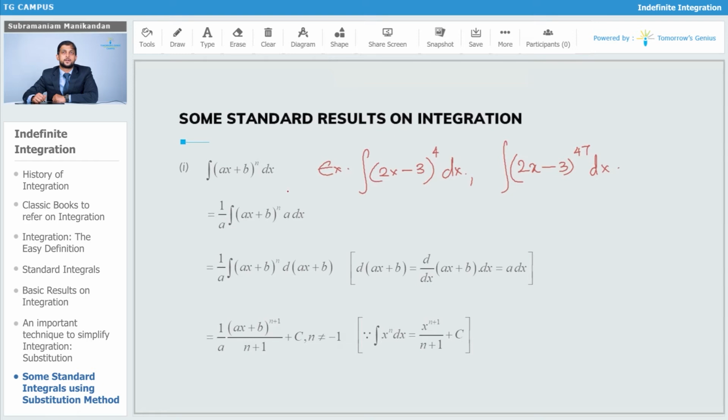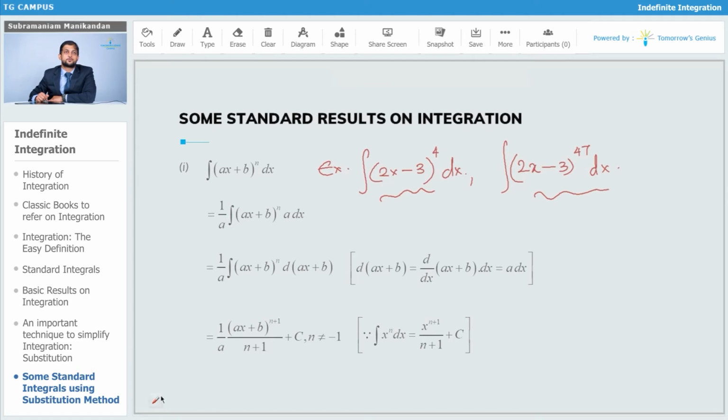So if you have a general rule, you can write down the result of either of these very easily. That is where the standard result of integration of (ax + b) to the power of n comes in. How?